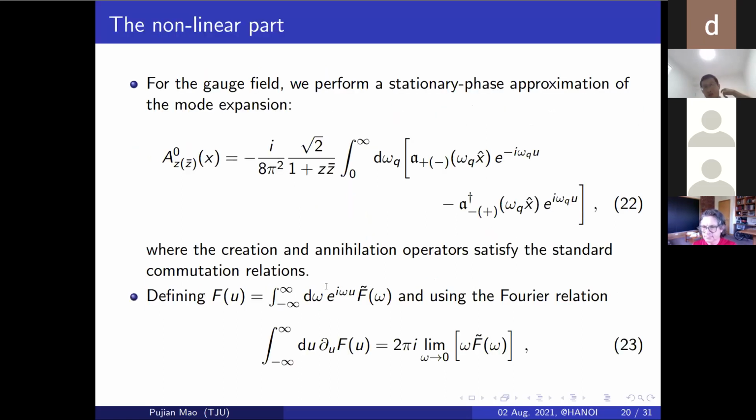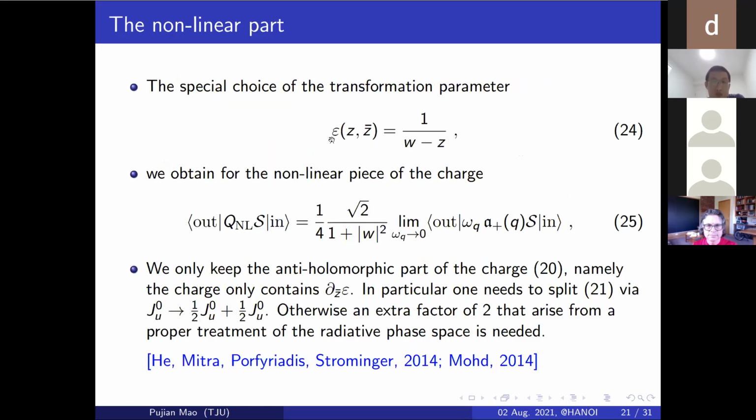Okay, we need to perform a stationary phase approximation for the mode expansion, and also by using the Fourier relation, this one, and a special choice of the gauge parameter, plugging everything into the charge, you will get this result.